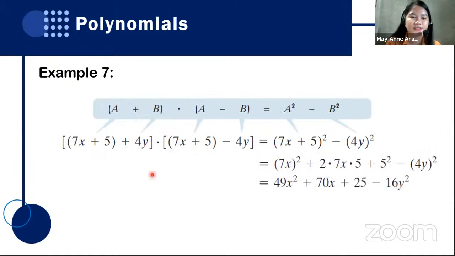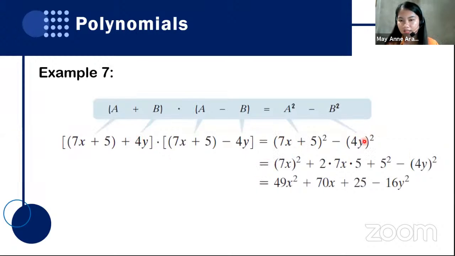And for this, you can see here that you have the same first term. So we will treat 7x plus 5 as just one term in this binomial. And when it is like this, you just square this, just square the last term.